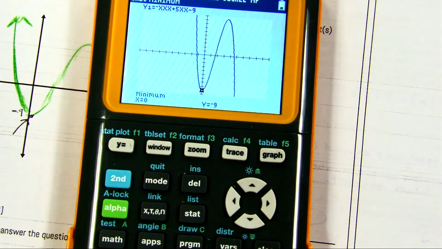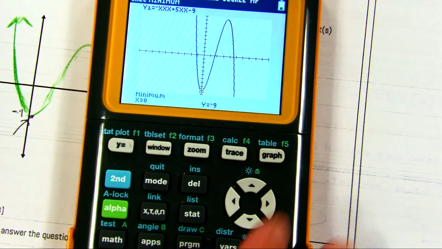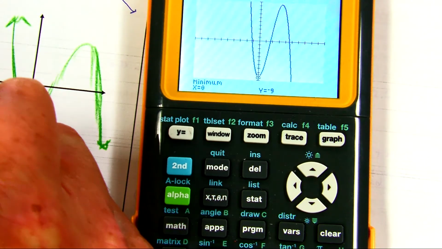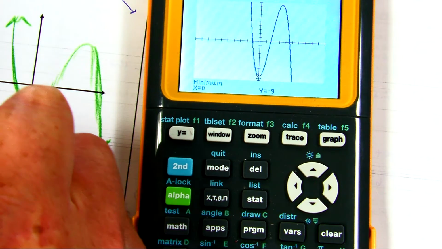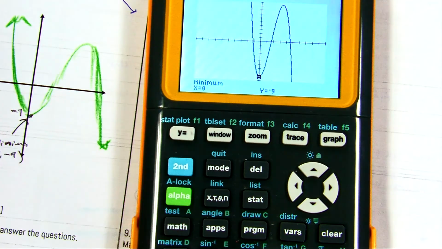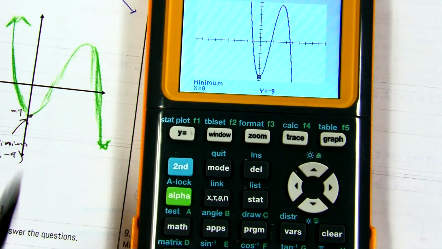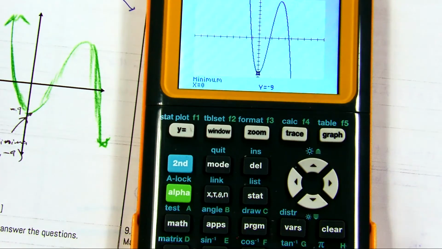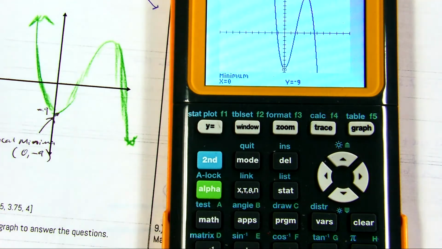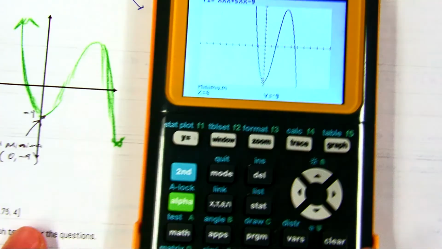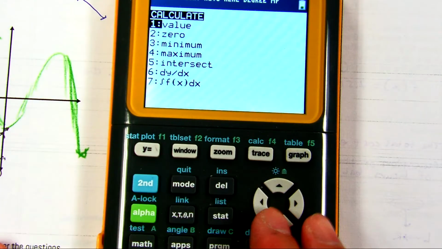And here, it just so happens that the local minimum is at 0, negative 9. Remember, it's a local because the mountain actually goes lower. So there's an absolute minimum down there even lower. Alright, let's calculate the maximum.